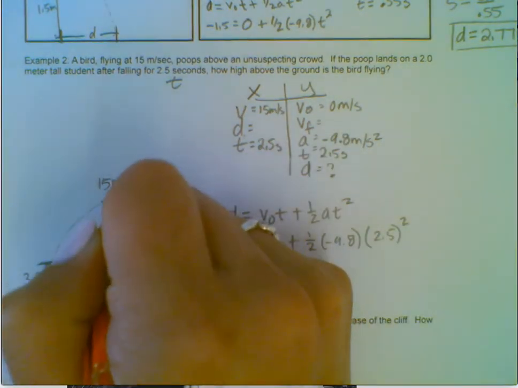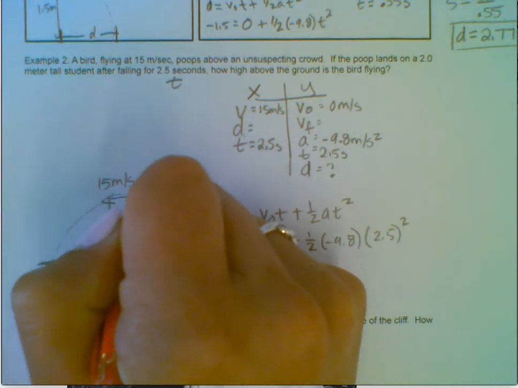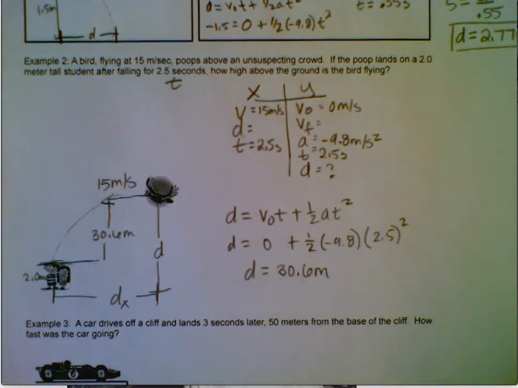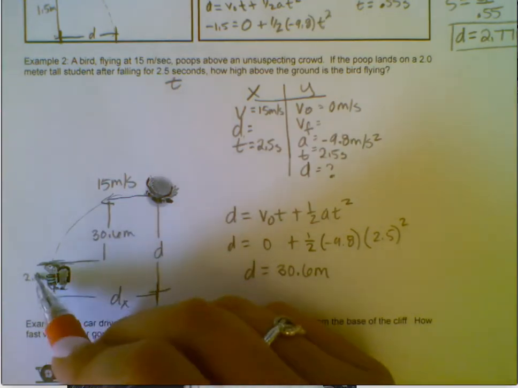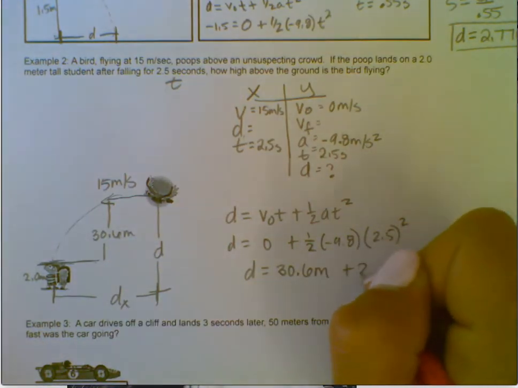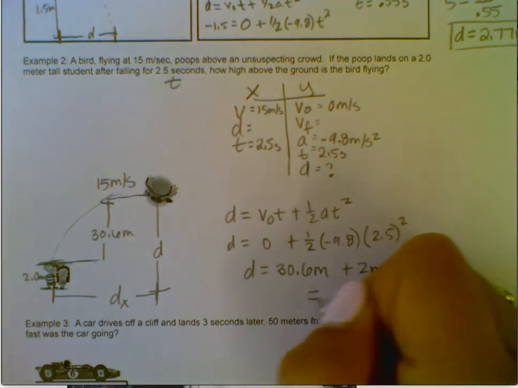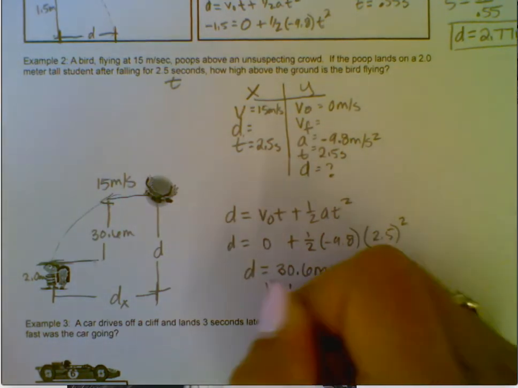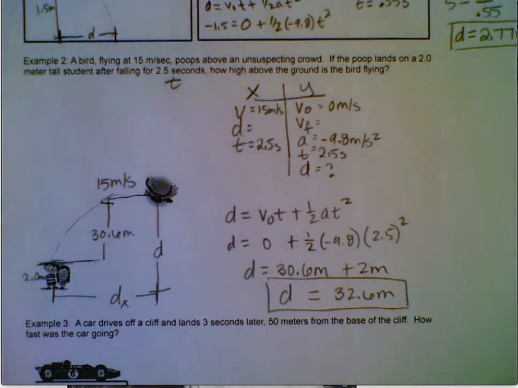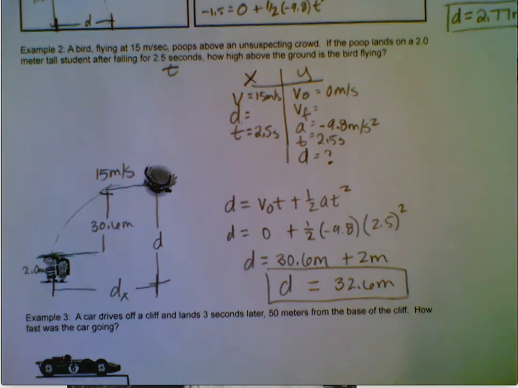Now, remember, this is just to the top of the kid's head. So if we want the bird to the ground, we need to do 30.6 meters plus 2 meters. So the total would be 32.6 meters.